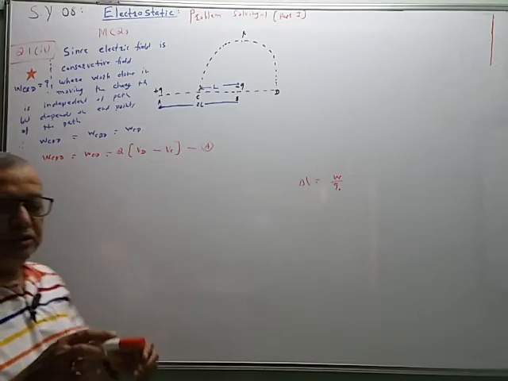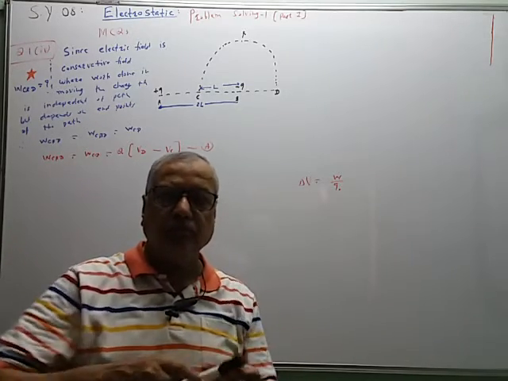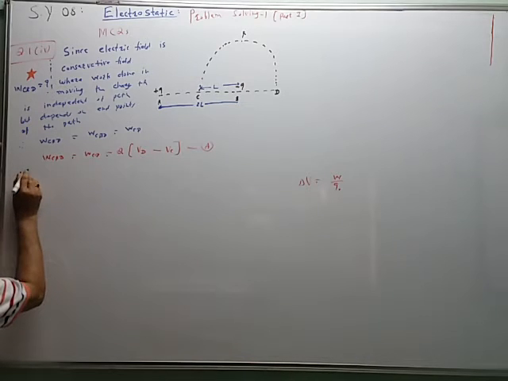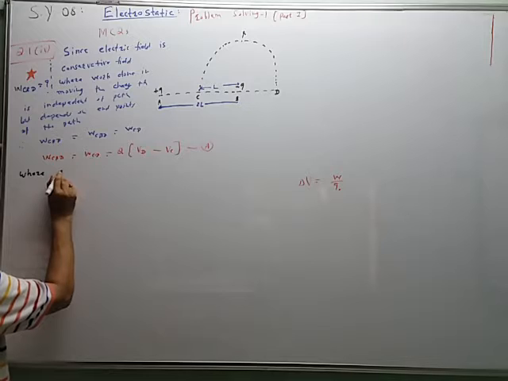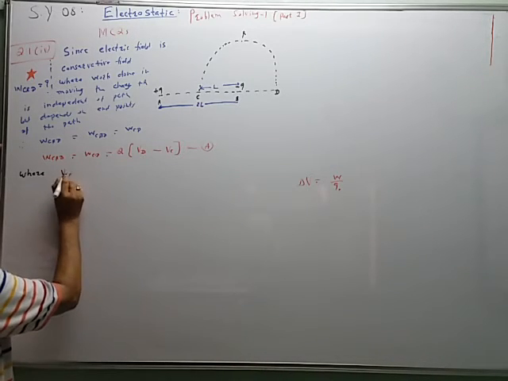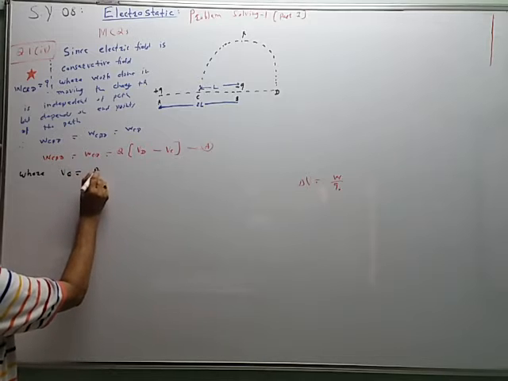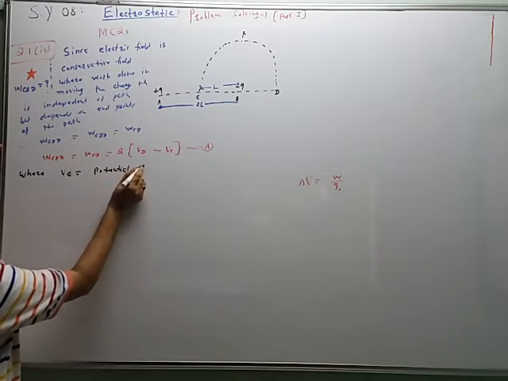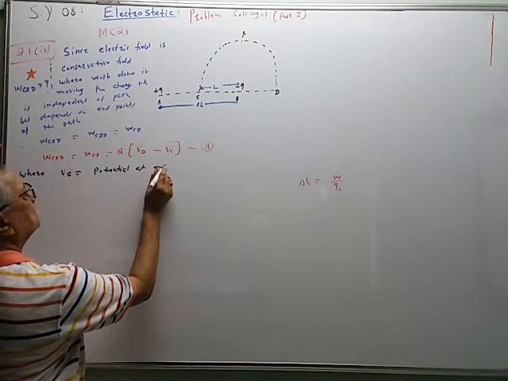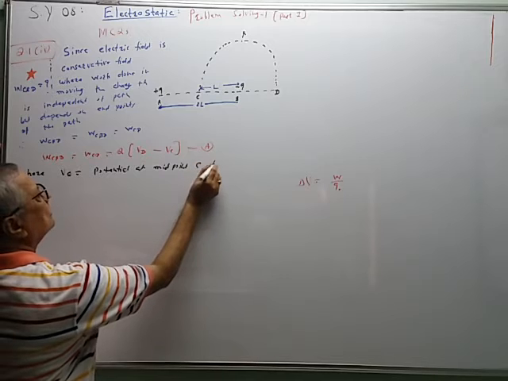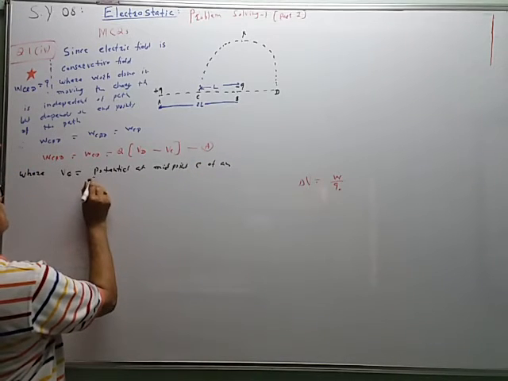So potential is given by charge upon, where Vd is equal to, and Vc is the potential at the midpoint C of an electric dipole.